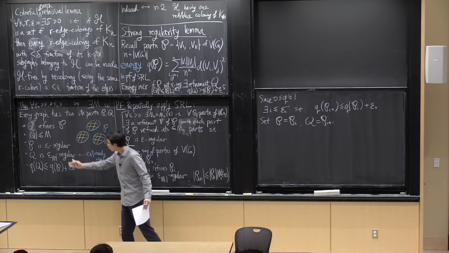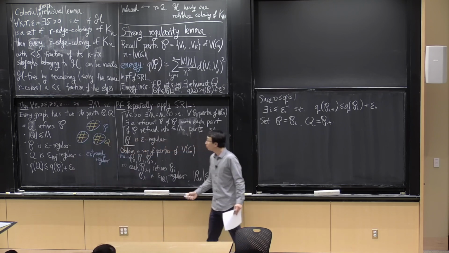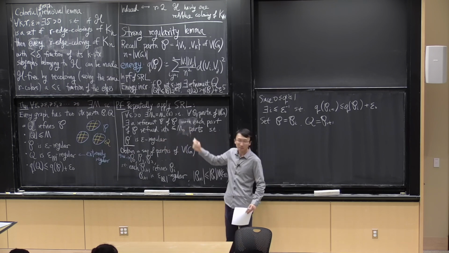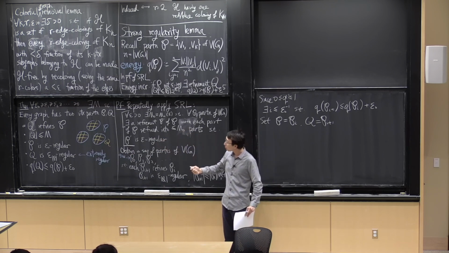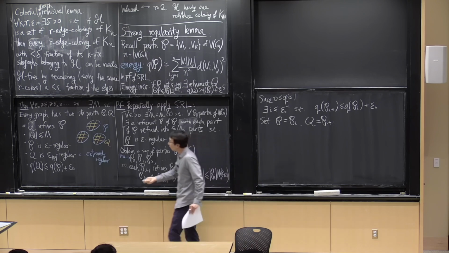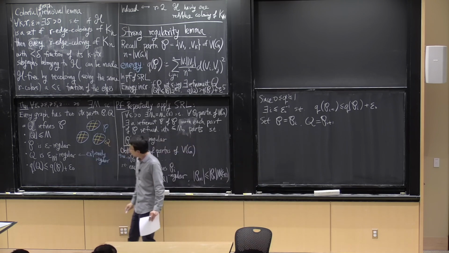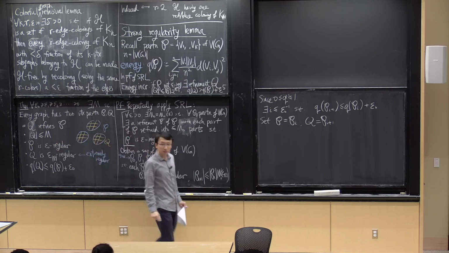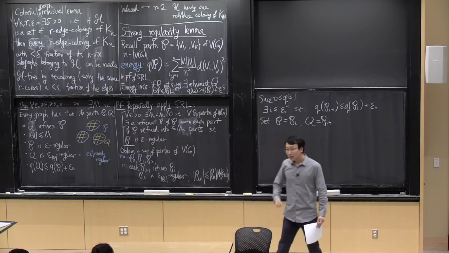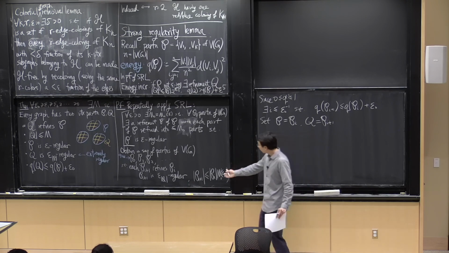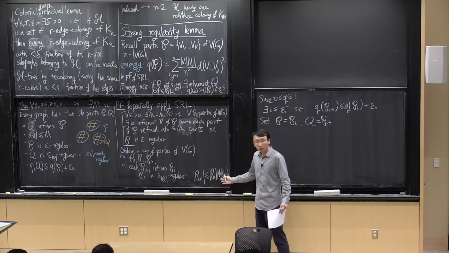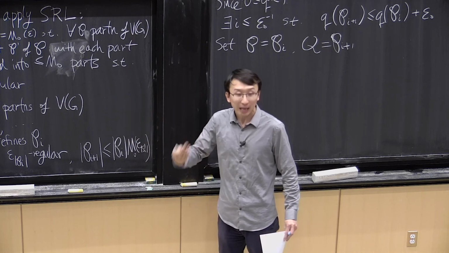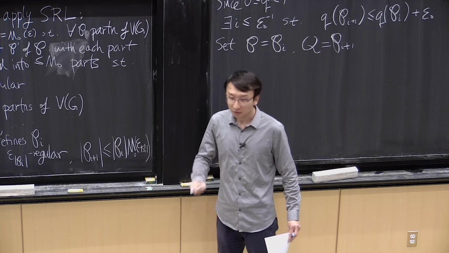P is epsilon naught regular because it is epsilon regular with respect to the previous term, which is at most epsilon naught regular. And you have this one as well, and this one as well. And we want to show that the number of parts of Q is bounded. That's basically because each time there was a bound on the number of parts, which depends only on the regularity parameters, and you're repeating that bound a bounded number of times.